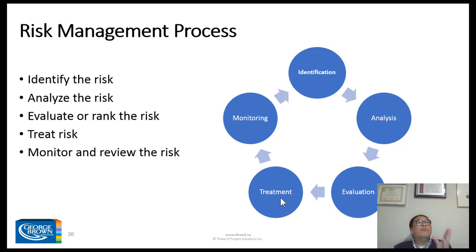So we have to determine what to do with that risk, with the evaluation that we just obtained. Okay? And then after we treated the risk, the risk could be eliminated, it could be mitigated, or it could have still some residual risk. But that's when we start monitoring it and reviewing the risk in an ongoing basis.